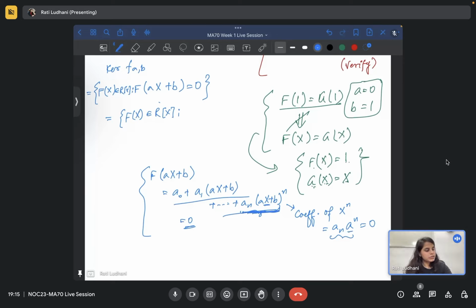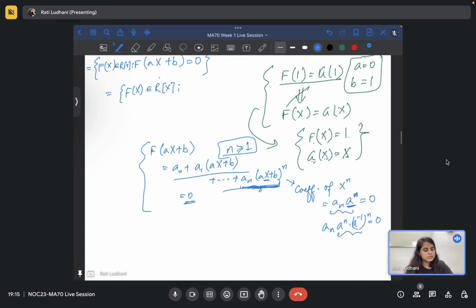That means, let's say n is bigger than or equal to 1, so f is a non-constant polynomial, and you know that a is invertible. So you can multiply by a inverse raised to power n, and you get a_n is equal to 0. But you started with a_n not equal to 0, because we always write a polynomial so that the highest degree term is non-zero.